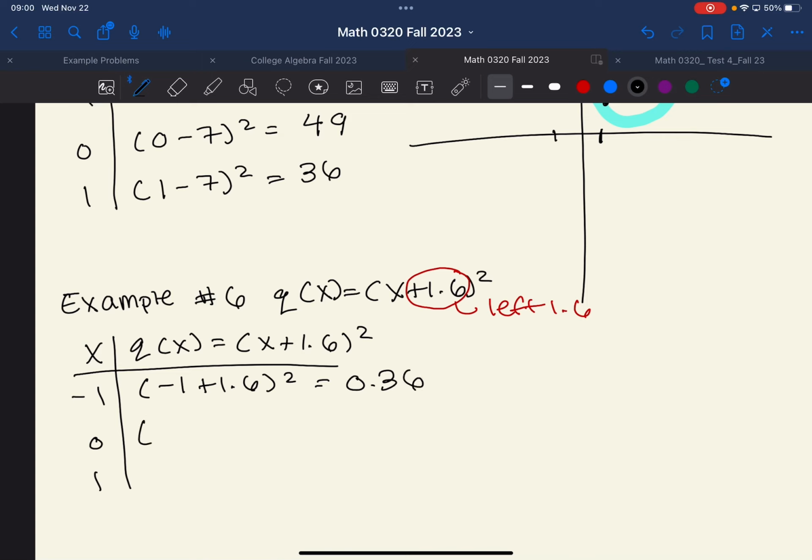Then plugging in 0, 0 plus 1.6 squared is going to give me 1.6 squared, which is 2.56. And then 1 plus 1.6 squared gives me 2.6 squared, which is 6.76. If you ever have decimals that go past 2 places, just round it always to 2 places.